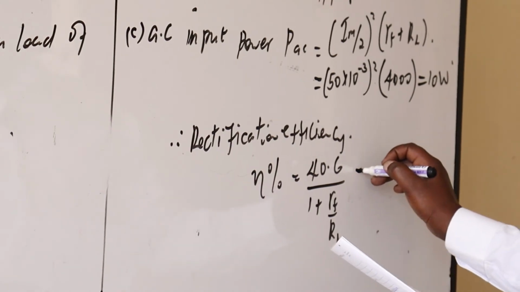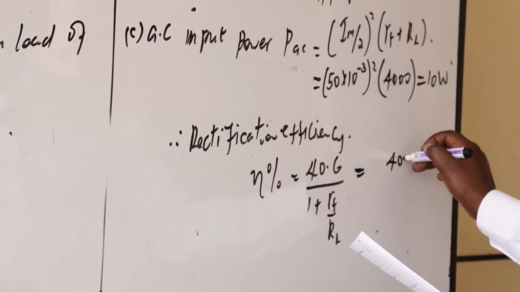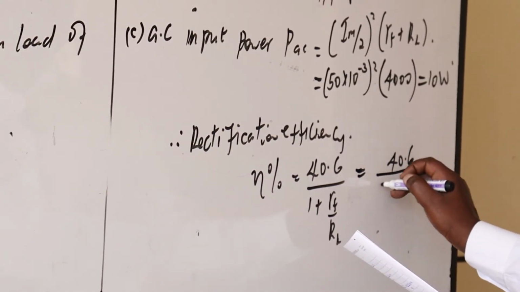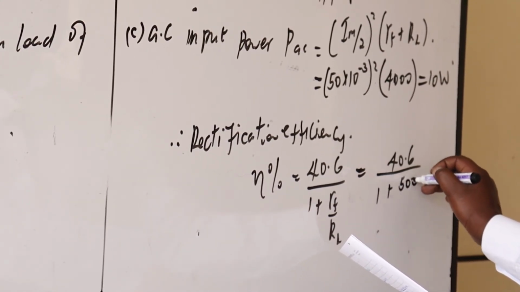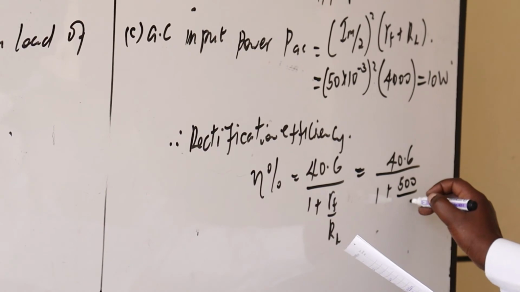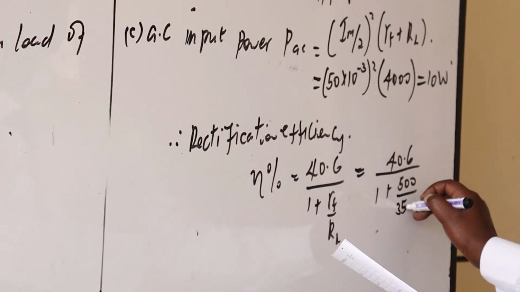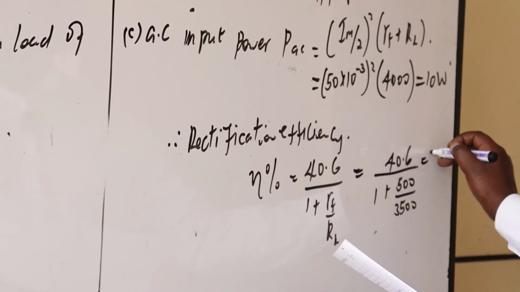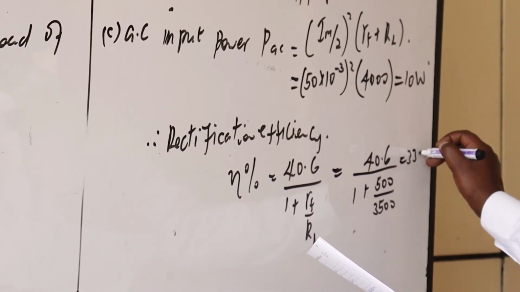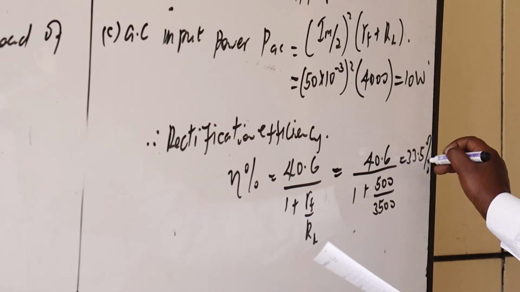So if we substitute, 40.6 all over 1 plus 500 over 3500 will give us 35.5%.